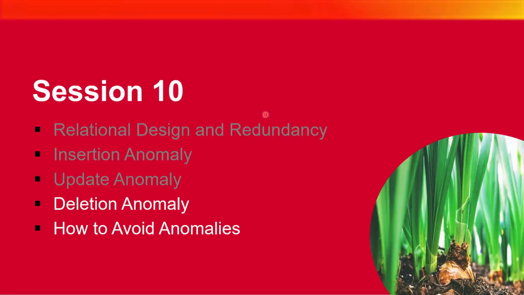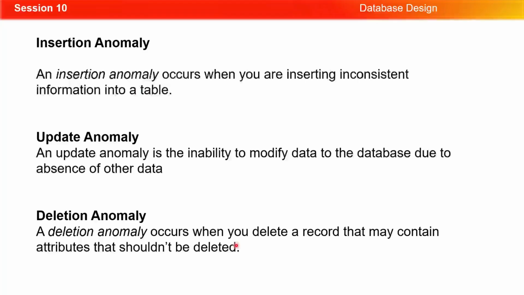Welcome back. This is video 23. We are still in session 10, and in this video we are going to look at the deletion anomaly and how to avoid anomalies. A deletion anomaly occurs when a user attempts to delete a record that may contain attributes that shouldn't be deleted.